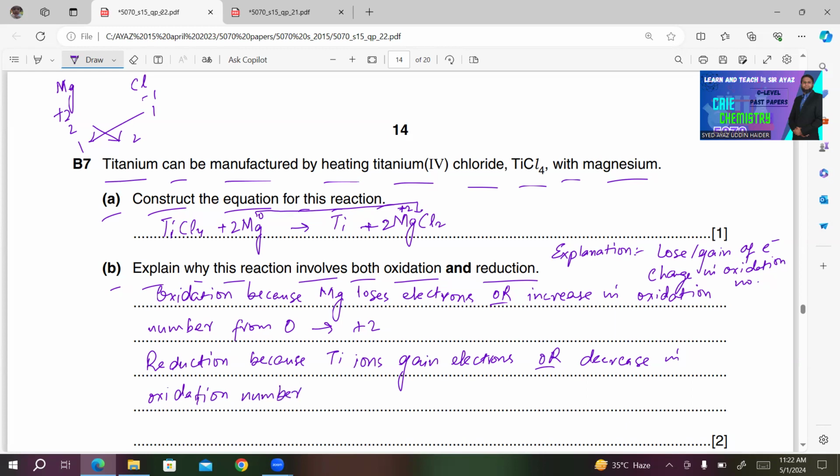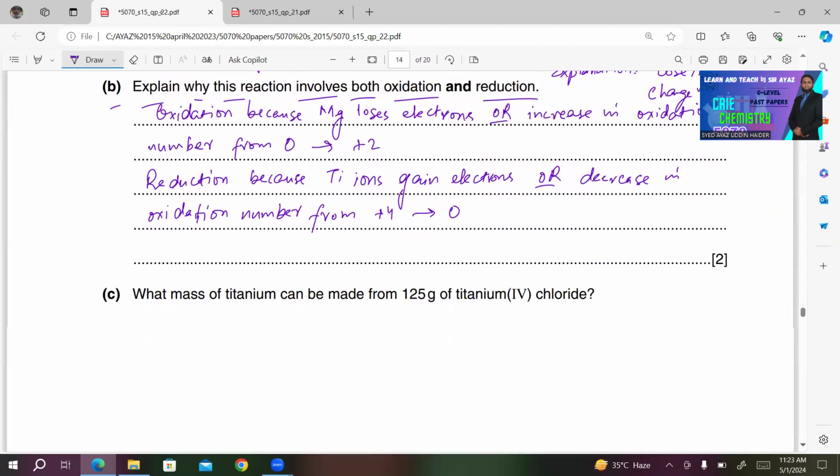You can mention the oxidation number for Ti. On the left-hand side, it must be +4 on Ti, and on the right-hand side, it is 0. So it's a decrease in oxidation number from +4 to 0. That's why it's reduction.